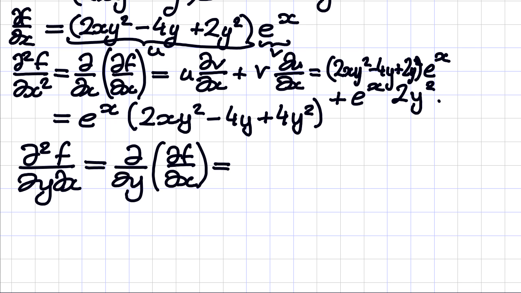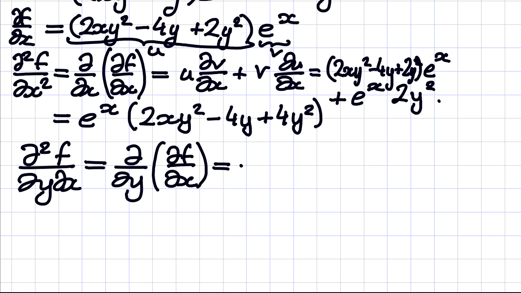And in this case my job is much simpler, because my v, e to the x, I'm now going to treat that as a constant because I'm differentiating with respect to y. So I don't need to worry about u dv dx, or rather u dv dy, because e to the x has no partial derivative with respect to y.